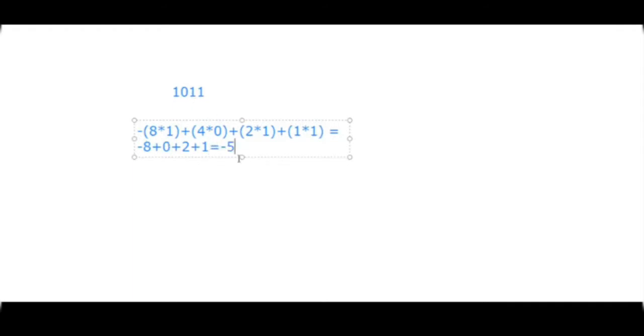So this represents -5. So that's the second way you can convert a 2's complement number into its corresponding decimal number.